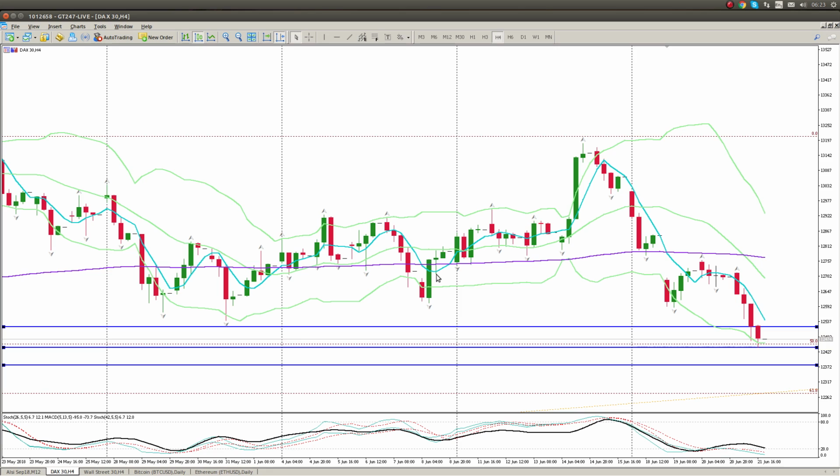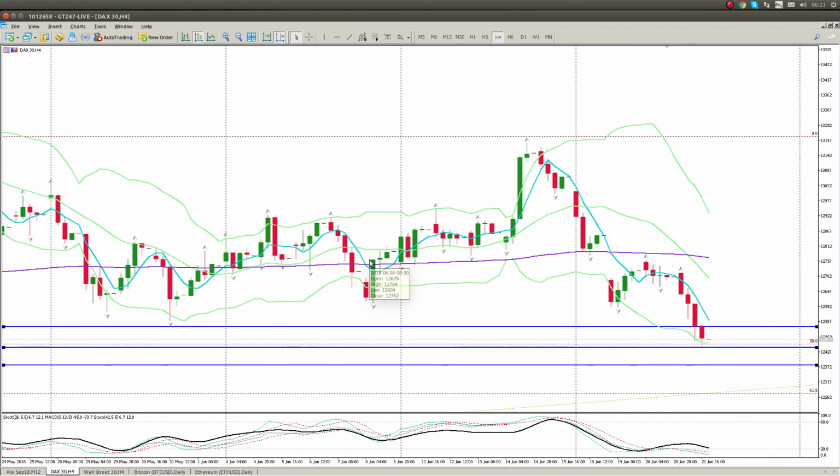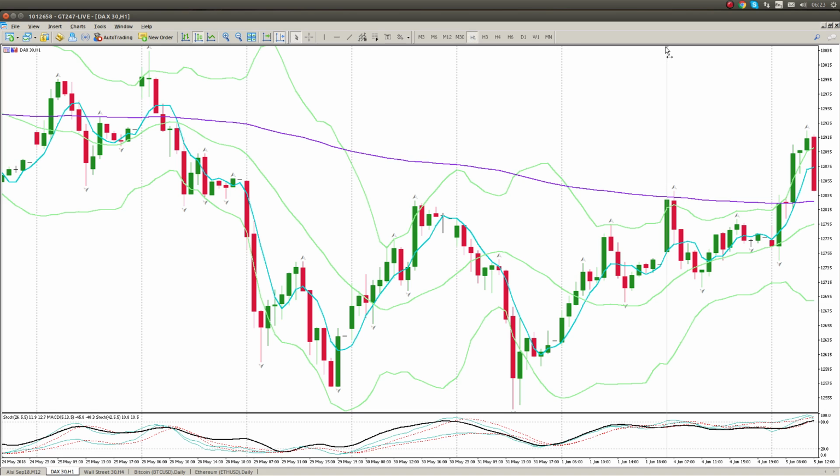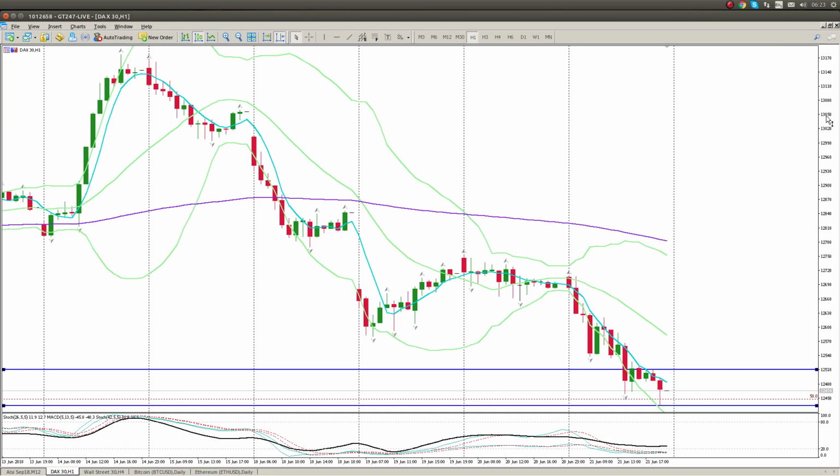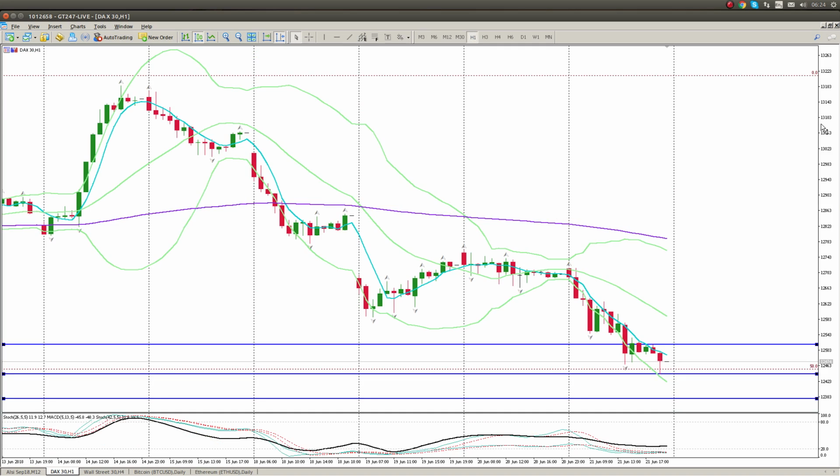But for now, we're at the bottom of a range as far as I'm concerned. Yes, we have closed below it, but I'd like to see a retest and get the retest to be successful. Then we can start looking for shorts. That's just the way I trade it. Might not be the right way, but it works for me. So definitely looking for longs in this area, and we'll take it from there.